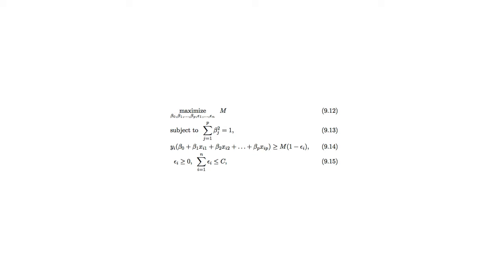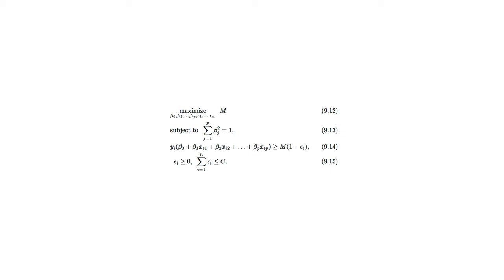The completely wrong place would be if epsilon sub i is greater than 1, in which case it means the observation is on the wrong side of the hyperplane itself. So that means it's on the wrong side of the solid line in the previous picture, not just on the wrong side of the dashed line. So it's farther into, we'll call it enemy territory, than it would be if it were between the dashed line and the solid line.